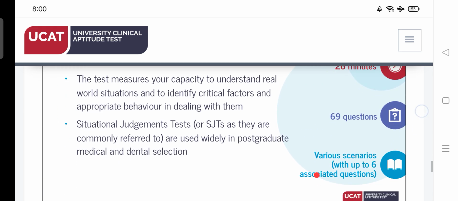Situational judgment overview. The test measures your capacity to understand real world situations and to identify critical factors and appropriate behavior in dealing with them.